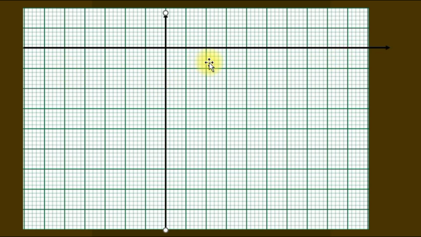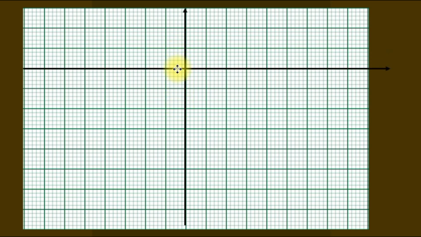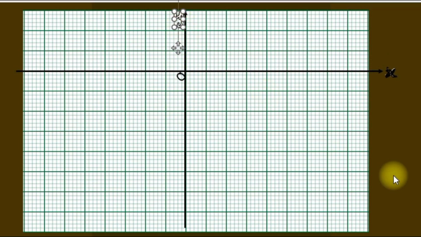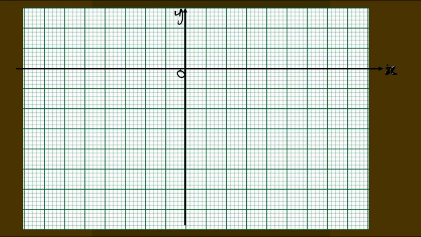So for x, if I count 1, 2, 3, 4, if I count in 2s, 2, 4, 6. So we're going 2 cm for x.